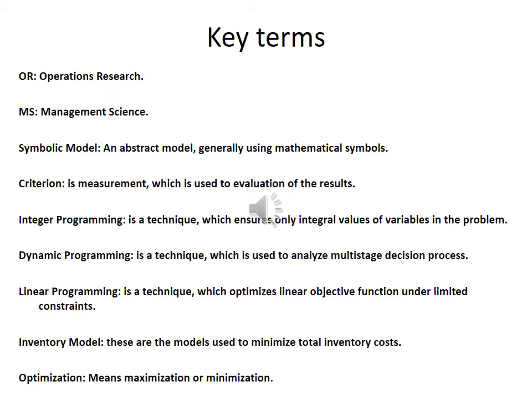Optimization means the solution which is feasible for us. Feasible means that it is going to give us our objective, and our objective may be the maximization of profit, maximization of income, and minimization of cost, minimization of labor, and minimization of time.